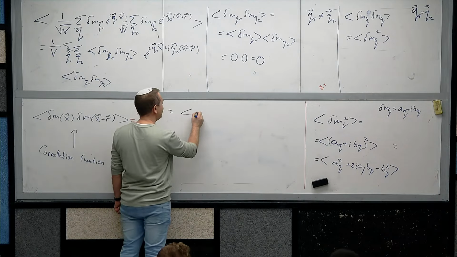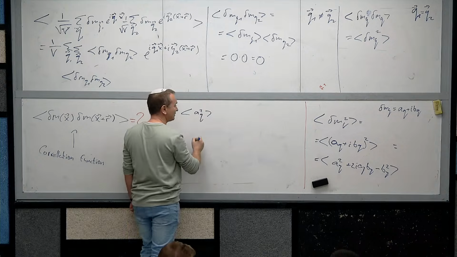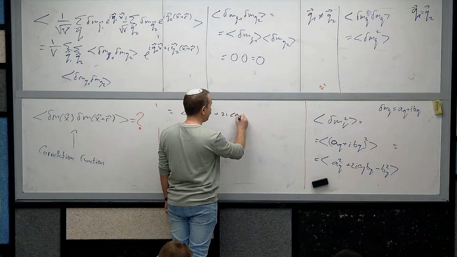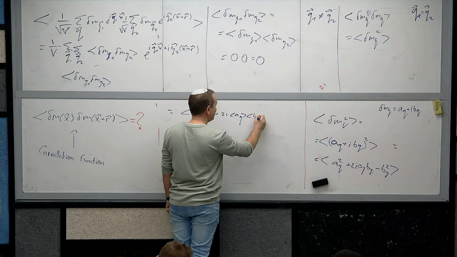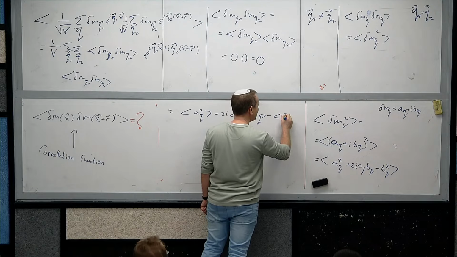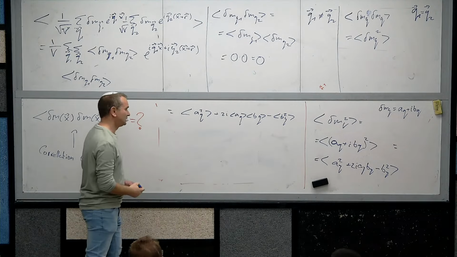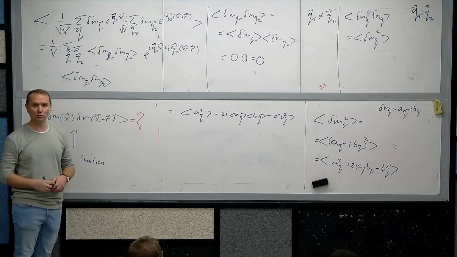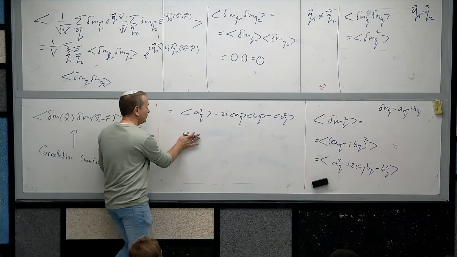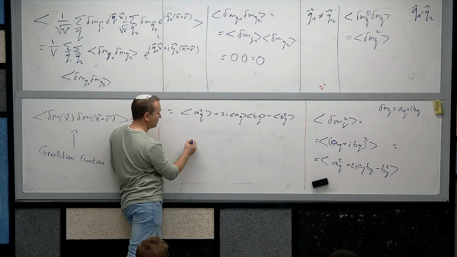So we obtain that this is the average of A Q squared plus 2i average of A Q times average of B Q minus the average of B Q squared. What is the distribution of A Q and B Q? Gaussian.